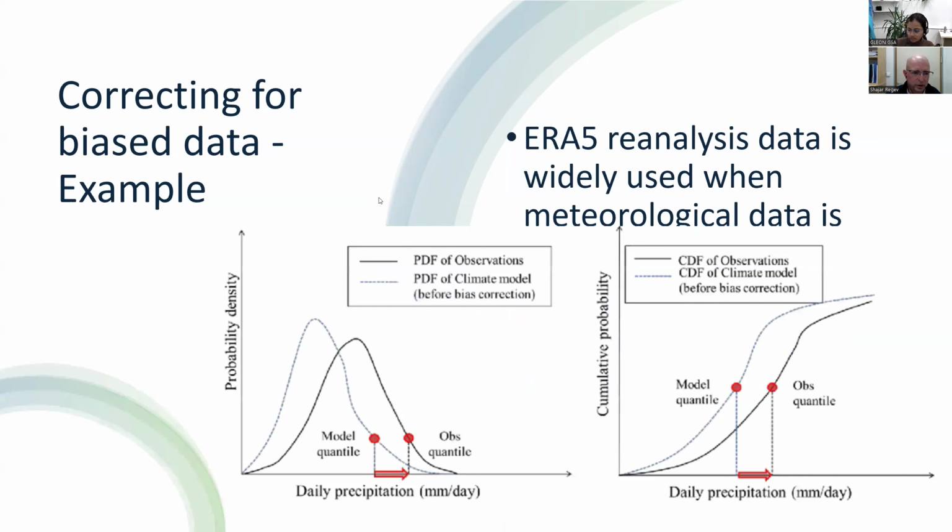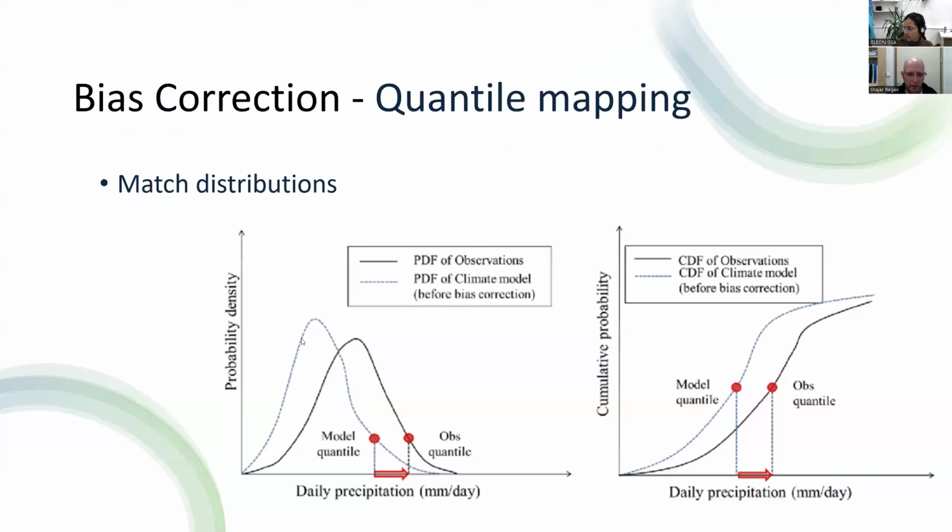So just a little bit about bias correction with quantile mapping. The idea in quantile mapping is that you have the distribution of the model, in this case ERA 5 data is our model, and we have our observation data distribution, and we match each point by its quantile from the model to the observation.